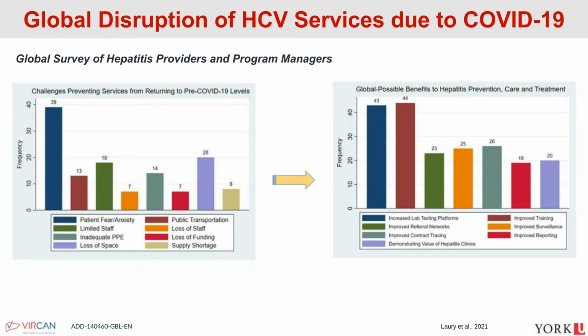But I think we can all appreciate that out of this pandemic, there have actually been some streamlined pathways to care. Perhaps people that used to feel that they needed to do a FibroScan in order to treat someone for hepatitis C realized that they don't, and they wouldn't be able to in the context of the pandemic. There might have been more emphasis on thinking about our testing platforms, because there was such high volume testing for COVID.